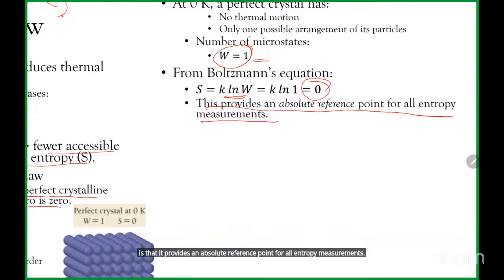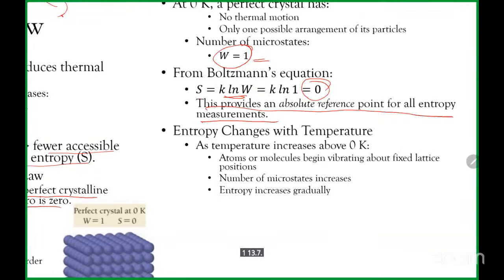So if you say that the entropy of a system, not change in entropy, but the entropy of a system of hydrogen gas is 130 joules per mole per Kelvin, you're saying that the entropy from absolute zero to the state you are at is 130.7 joules.